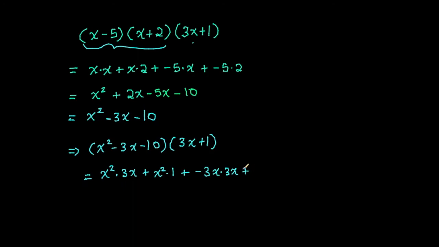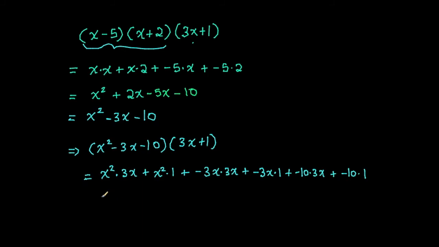And then we add minus 3x times 1. And then finally we have the minus 10. We just multiply the minus 10 by each term here. So minus 10 times 3x, and then finally minus 10 times 1.